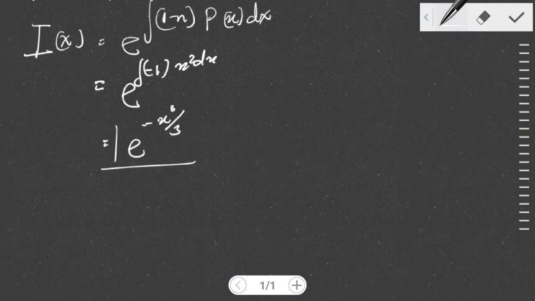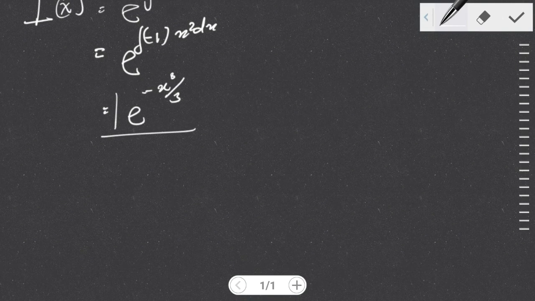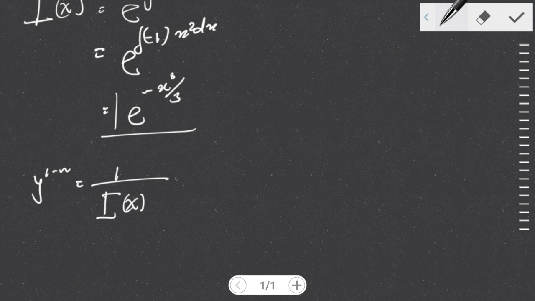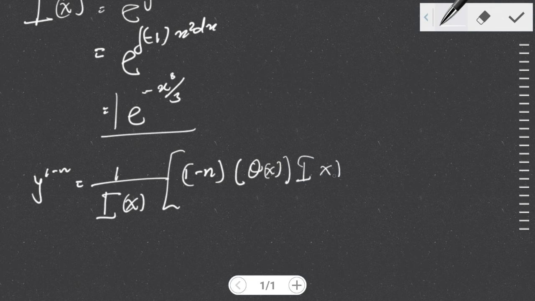So having got this, I continue and say that y to power 1 minus n would be equals to 1 all over integrating factor, then into the integral of 1 minus n, close this, into q of x, close this, integrating factor, then dx, I close this. Now, having closed that, I am substituting.